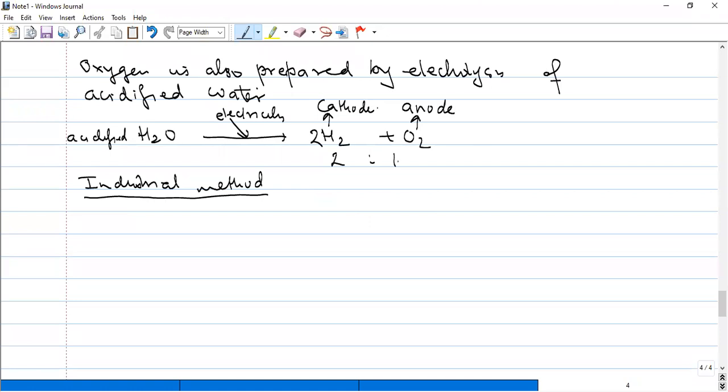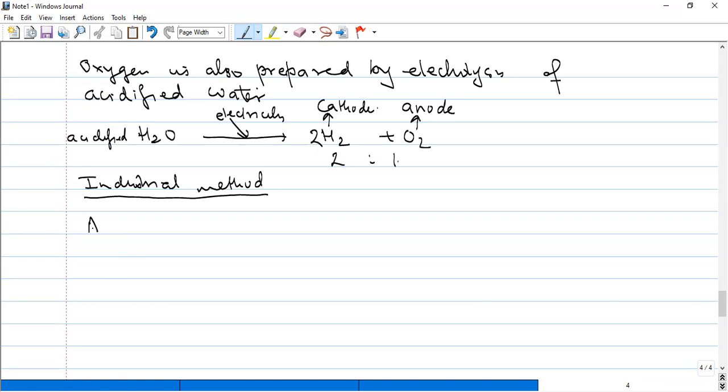You know, air contains about 20% oxygen. So air on fractional distillation will give you oxygen. And this is one of the industrial methods of preparing.